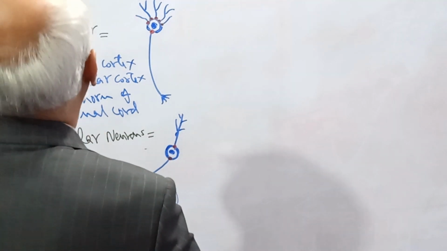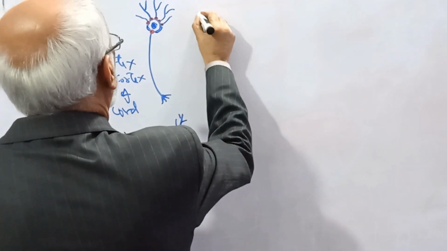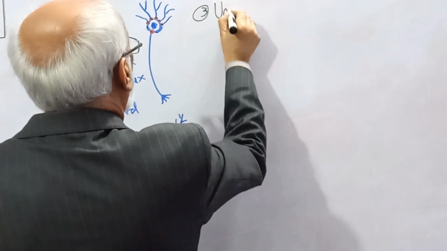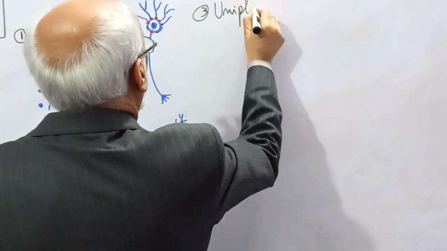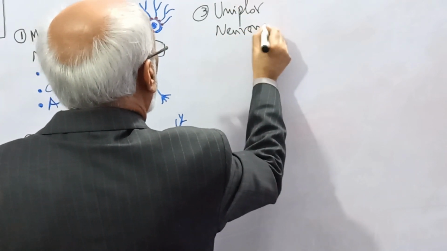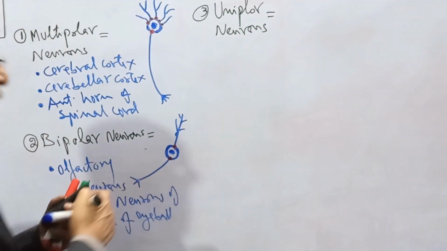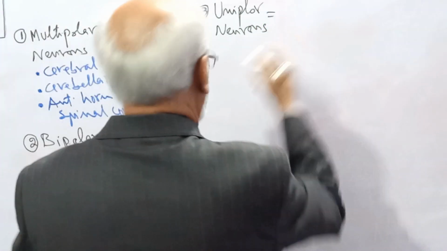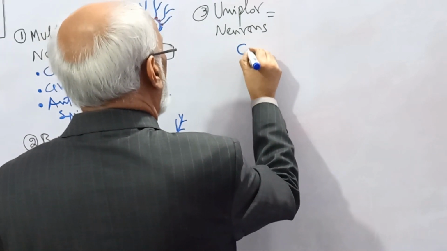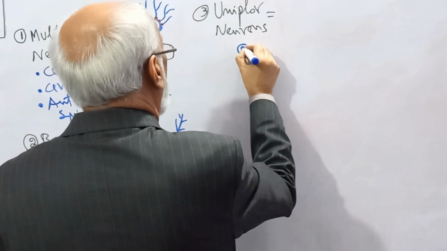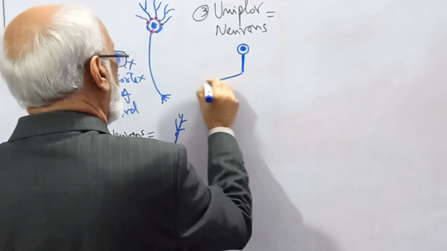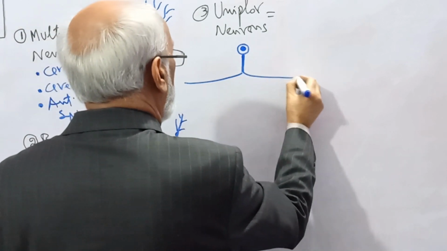Next, unipolar neurons. Only one process arises. For example, this is the cell body, and from the cell body, one process arises, which then divides into two processes.